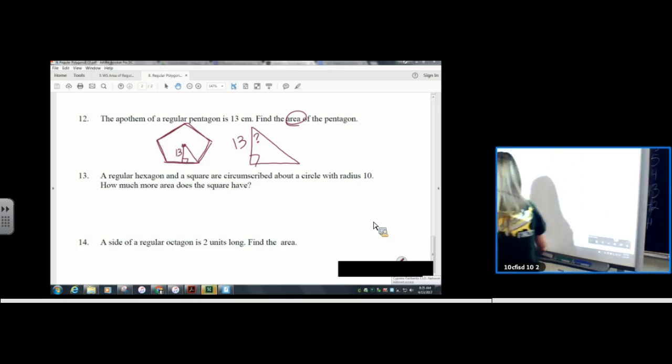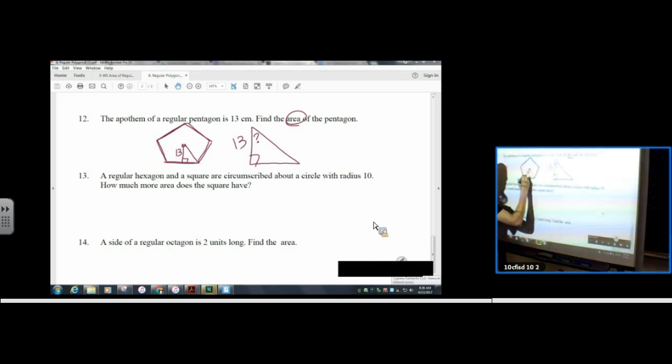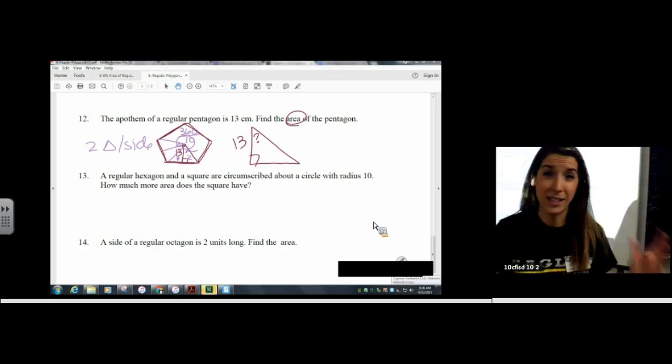If I were to draw all of the triangles all over this pentagon, there would be 2 triangles per side. See, 1, 2. So if I take 360 degrees, and I want to know just that angle, I wouldn't divide it by 5 because it's a pentagon.